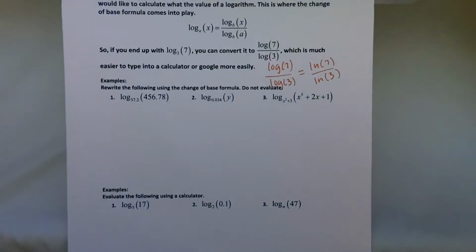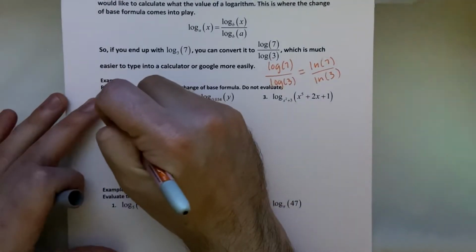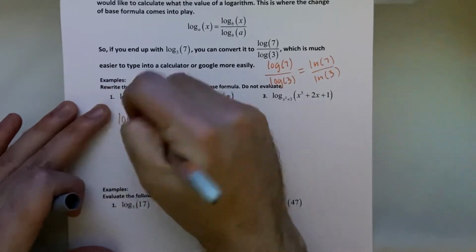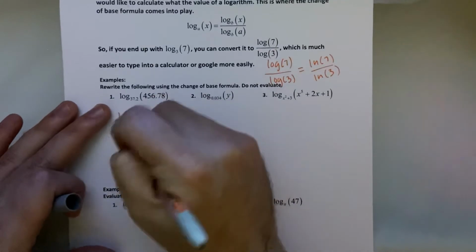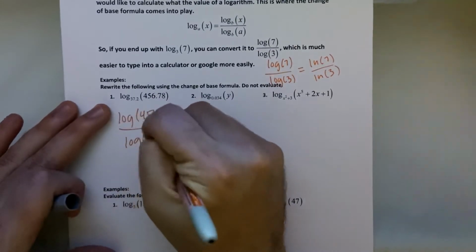So the log base 37.2 of 456.78, it says just rewrite using the change of base formula, don't evaluate. This is the log of 456.78 over the log of 37.2.